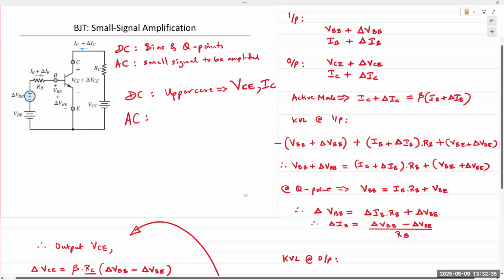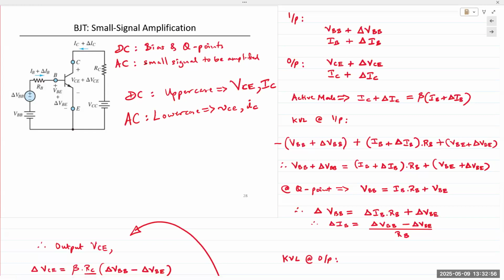If it's AC, it's all lowercase. So this is going to be lowercase v, c, e, and this is going to be lowercase i, c. The quantity v and i are lowercase, and the subscripts are also lowercase. So when it's AC, it's lowercase. If it's DC, it's uppercase.